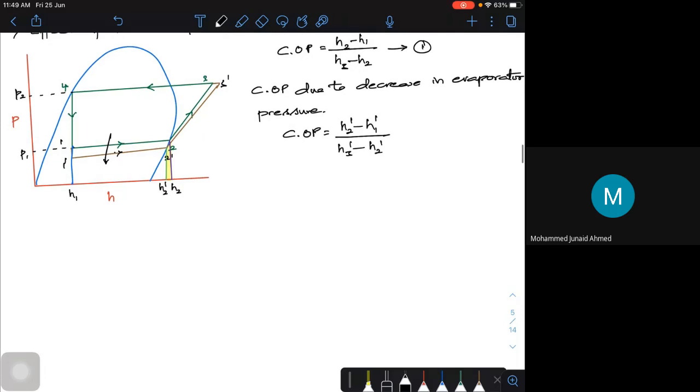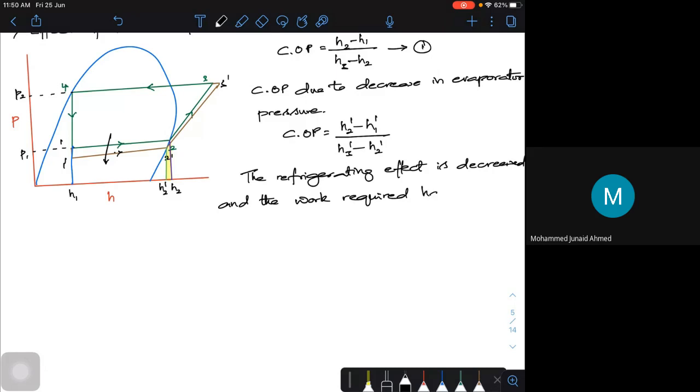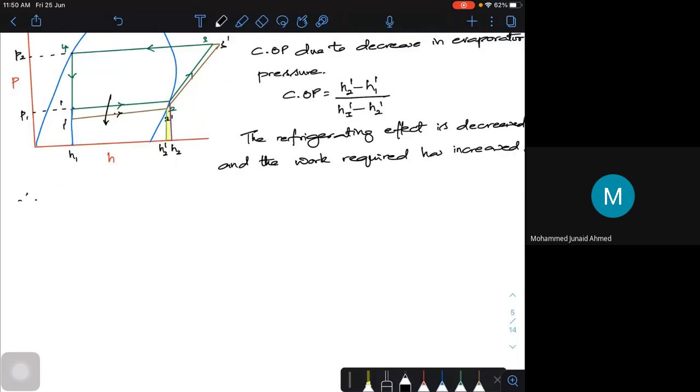So it clearly shows that the refrigerating effect is reduced or decreased, and the work required has increased.